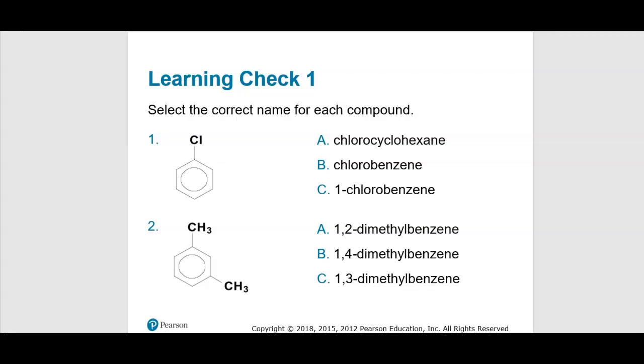If it's a cycloalkane or a benzene ring and there's only one substituent, there's no numbering. So that's an aromatic compound. It's not chlorocyclohexane. It has to be a benzene, so it's chlorobenzene.